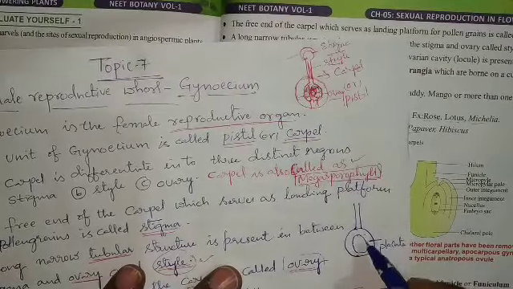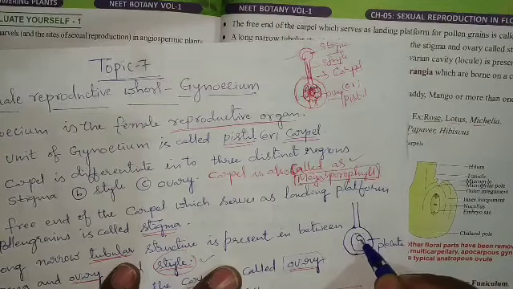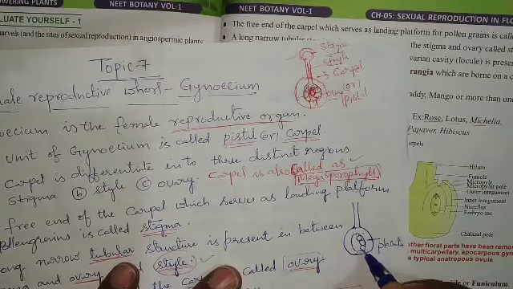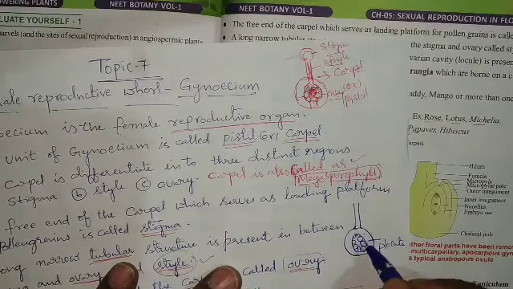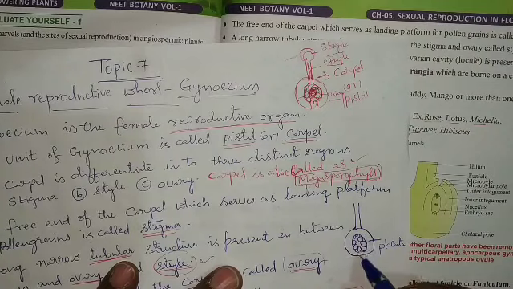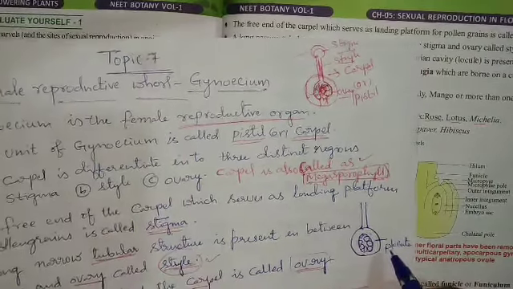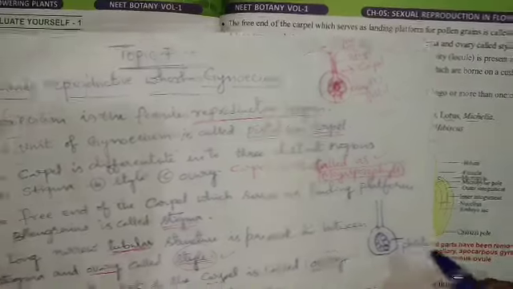Inside the ovarian cavity, there are some structures called ovules. The ovules are attached to the cushion-like placenta. The mode of arrangement of ovules on the placenta is called placentation.